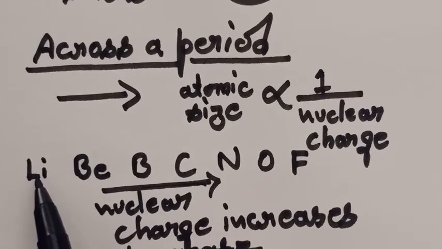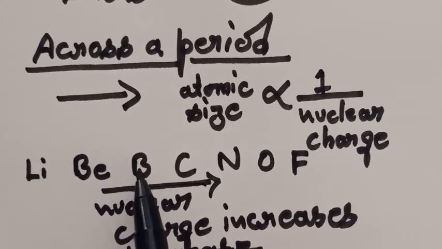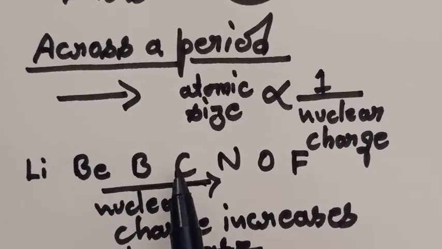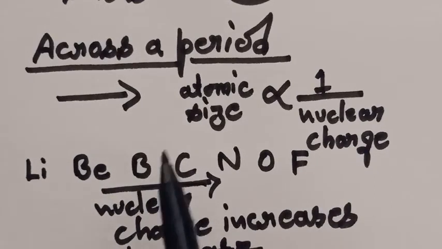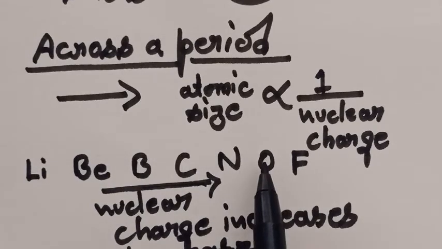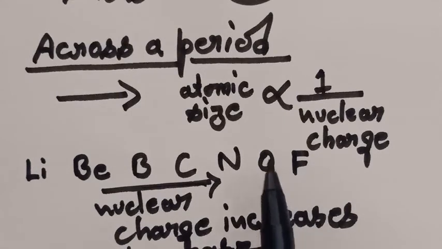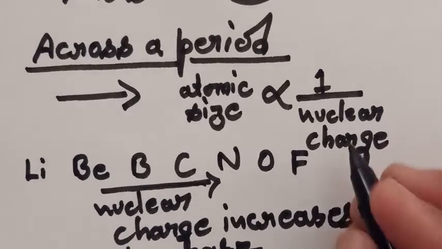Lithium has a bigger structure compared to beryllium, beryllium is bigger than boron, boron is bigger than carbon, carbon is bigger than nitrogen, nitrogen is bigger than oxygen, and oxygen is bigger than fluorine, and the last element in this second period is neon.